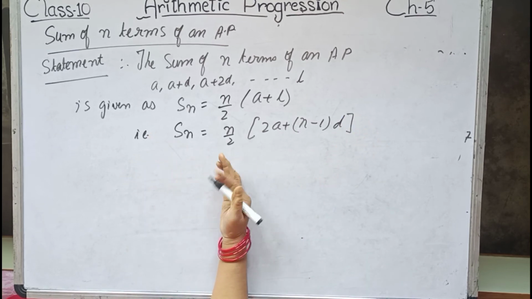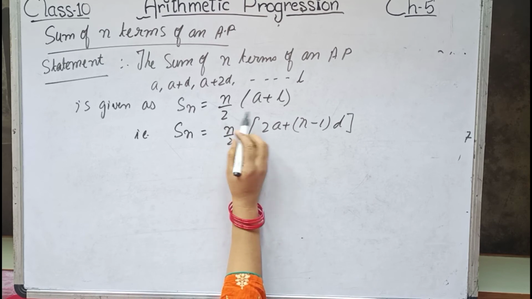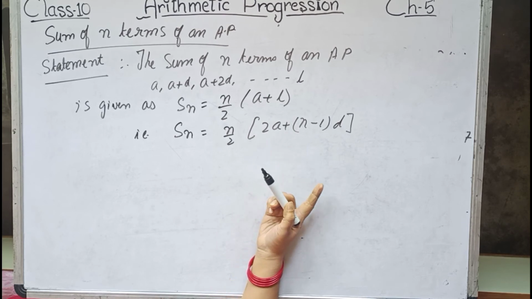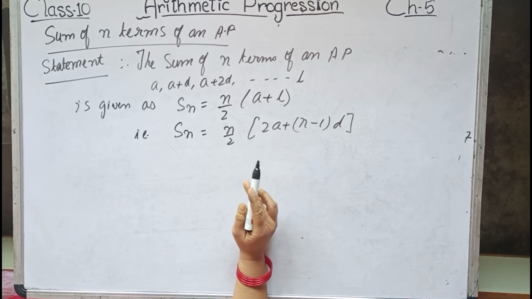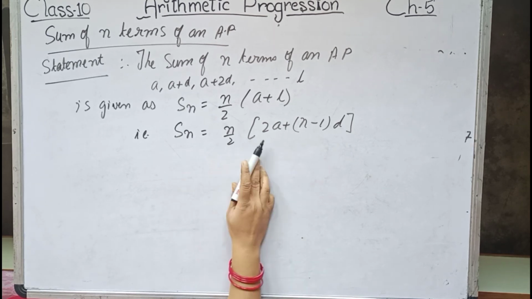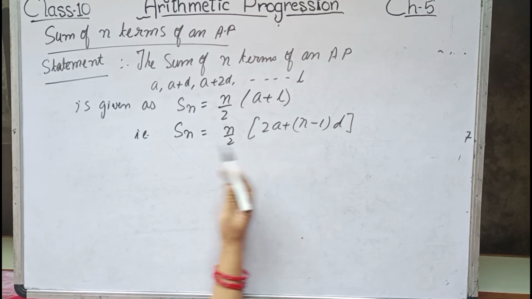So if the first term and the last term are given, we can directly use this formula, n by 2 (first term plus last term). And if we do not know the last term, but we know the first term and the common difference, then we can use this formula, Sn equals n by 2 (2a plus (n minus 1) into d).